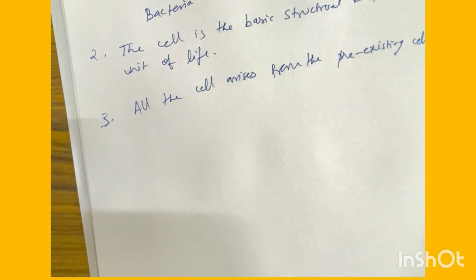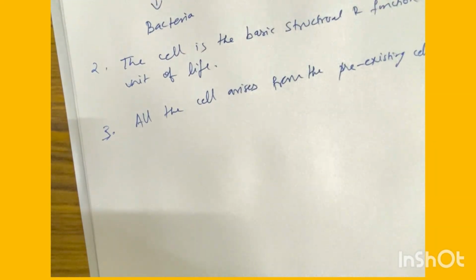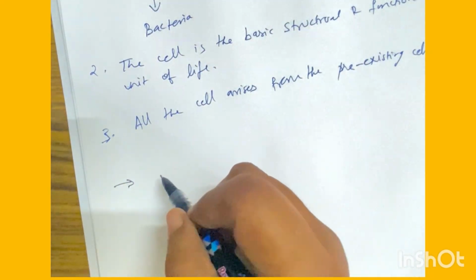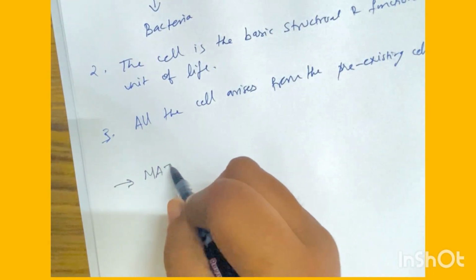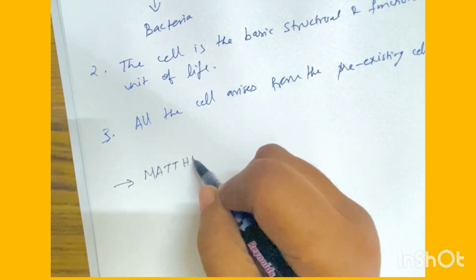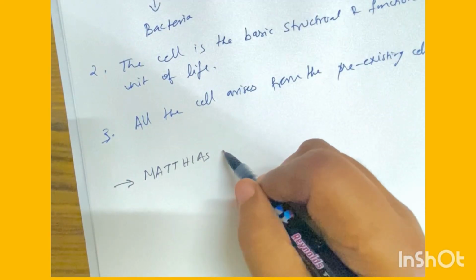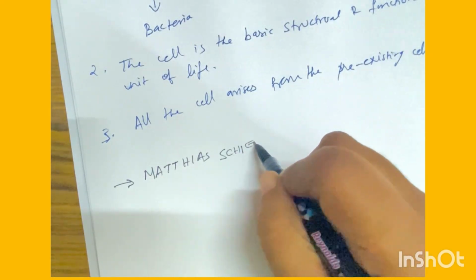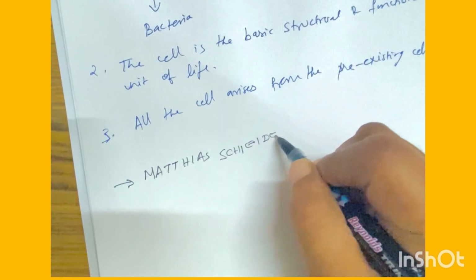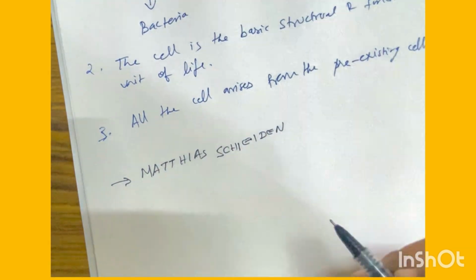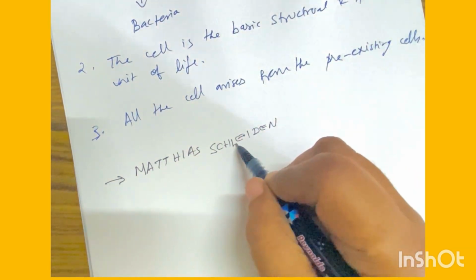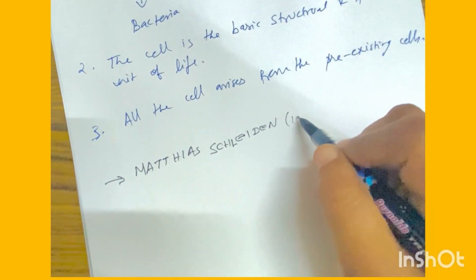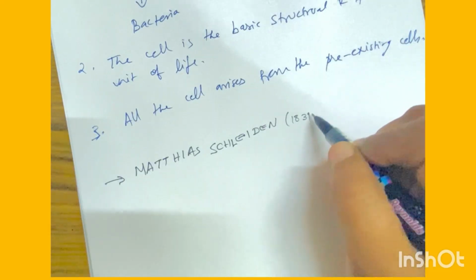Now it all started with a scientist called Schleiden. The first scientist was Matthias Schleiden, in the year 1839.